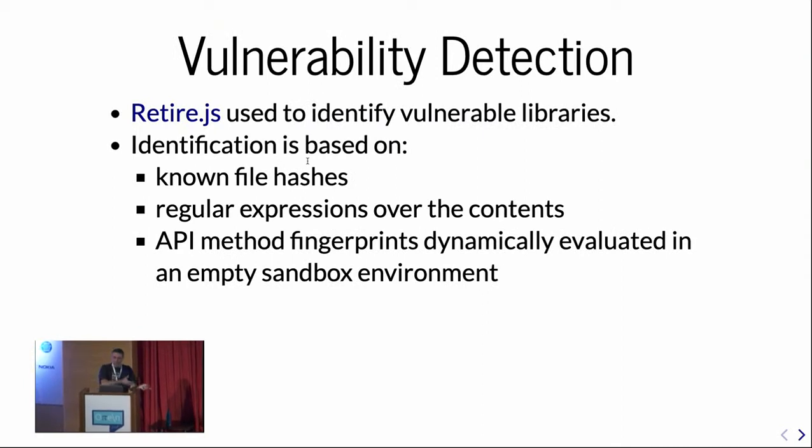Again, once we had the libraries, the next thing we could do is to see how many of them were vulnerable, which means that the websites themselves were vulnerable. To do that, we used a tool called Retire.js, which identifies real vulnerabilities that have been reported, and it's based on hashes, and it also has a sandbox environment.